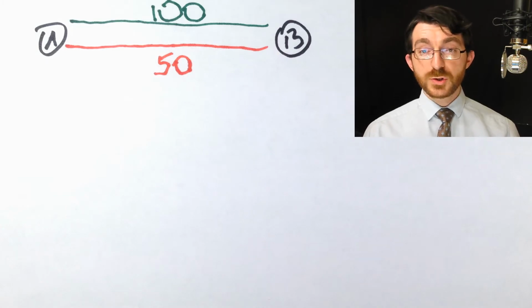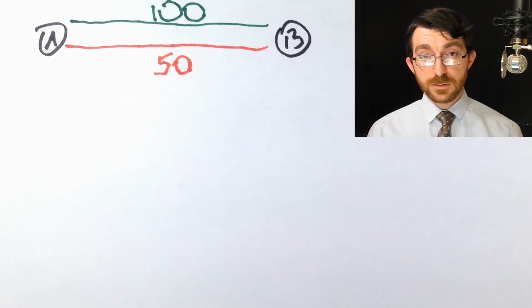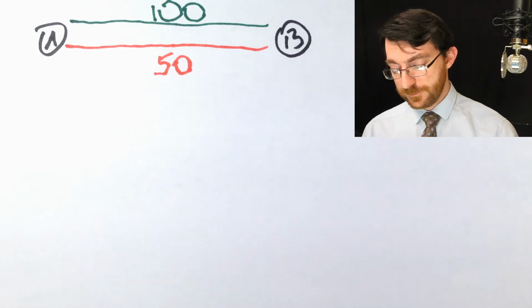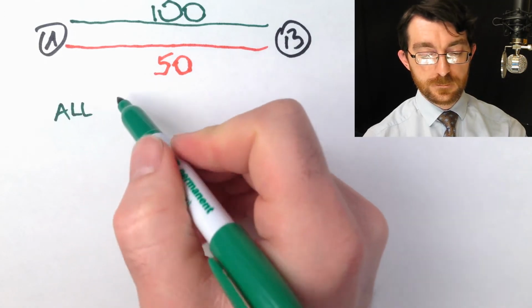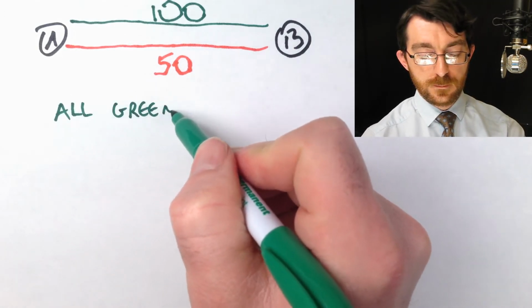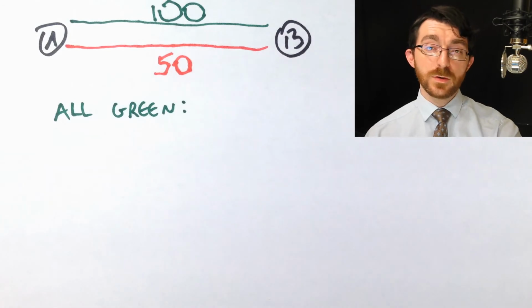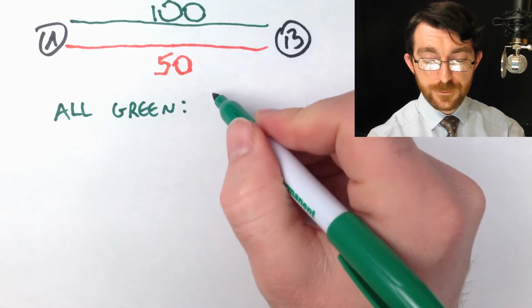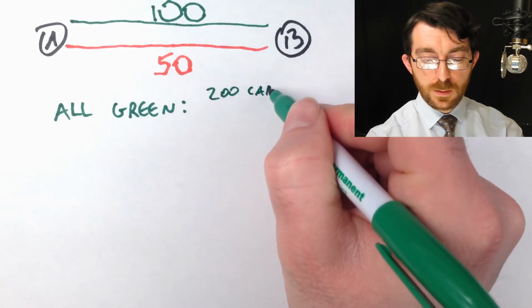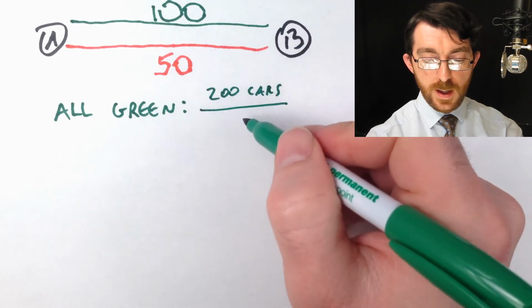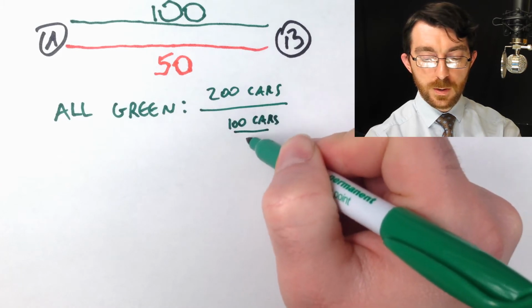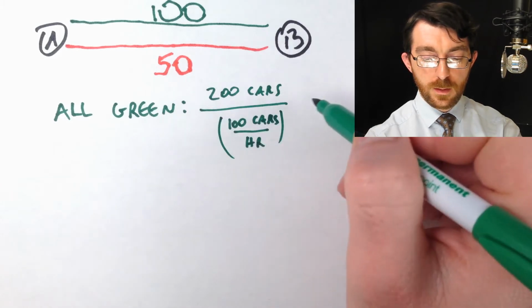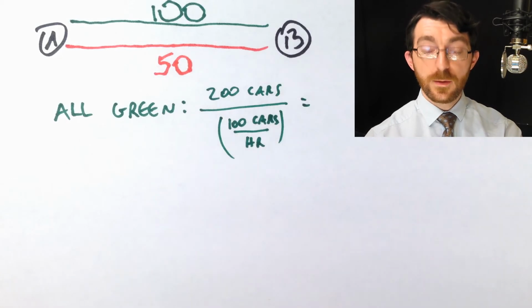Okay, so if we are trying to transport 200 all on the green road, it's going to look like this. All green, we've got 200 cars. We're going to divide that by 100 cars per hour. So 200 cars divided by 100 cars per hour equals 2 hours.